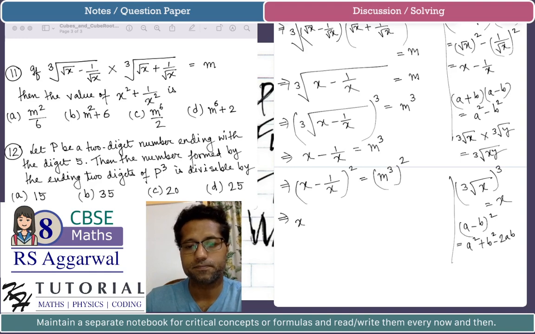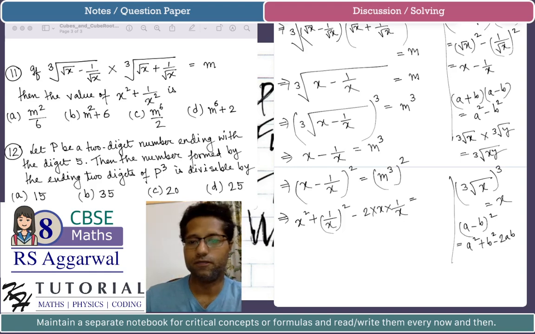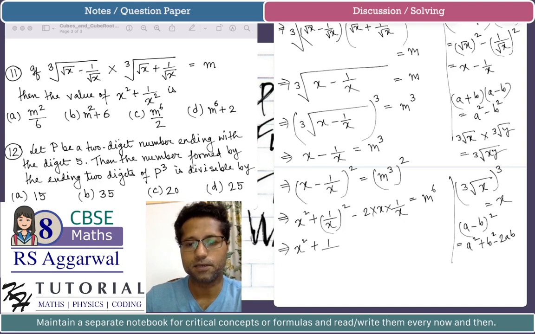x square plus 1 by x square minus 2 into x multiplied by 1 by x is equal to, on the right hand side we have m cube and then whole raised to the power 2, it will be m to the power 6. Now the left hand side becomes x square plus 1 by x square minus, the x cancels out, minus 2 is equal to m to the power 6.